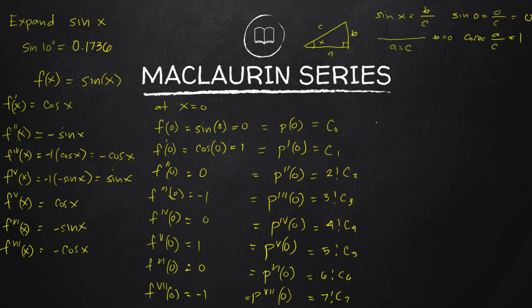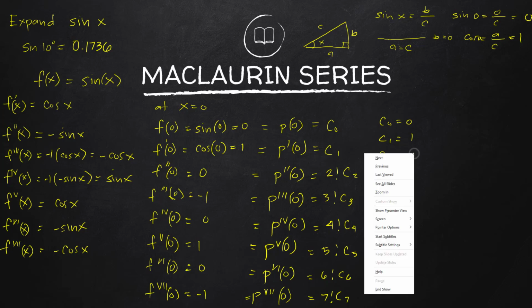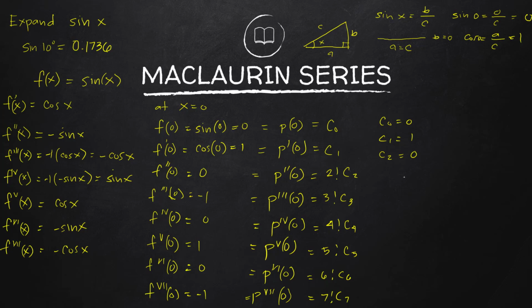So we can say that c sub 0 is equal to 0, c sub 1 is equal to 1, c sub 2 is equal to 0, because 0 divided by 2 factorial, kahit ano pa yung value ng factorial na yan, that will still become equal to 0.